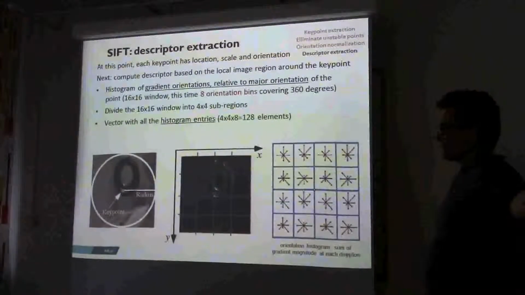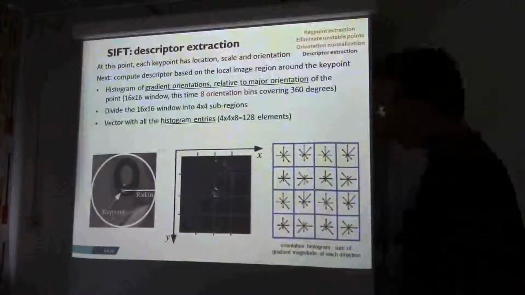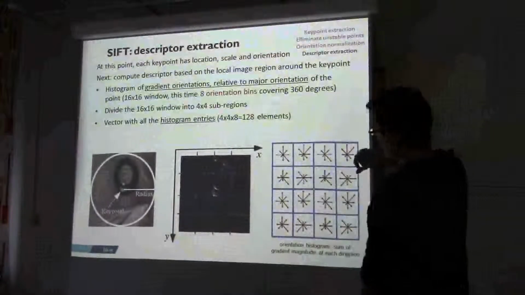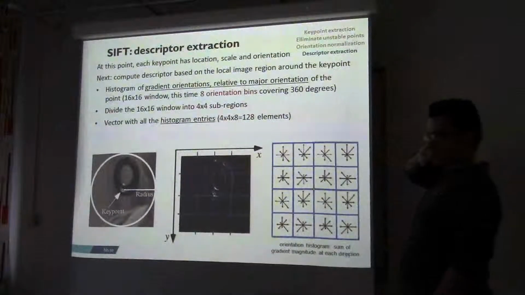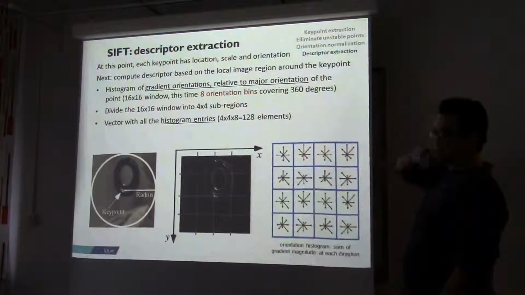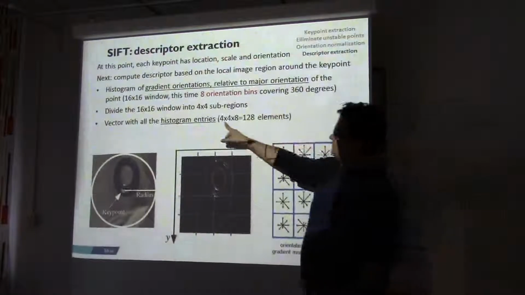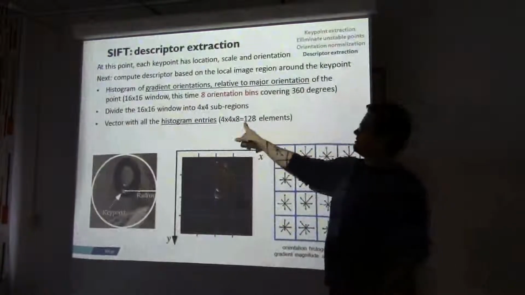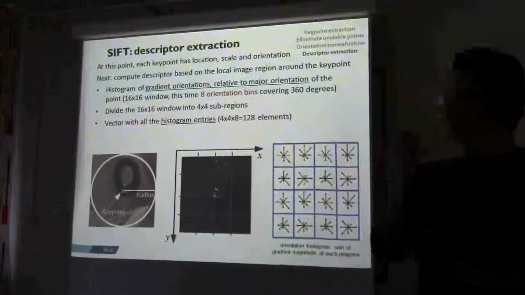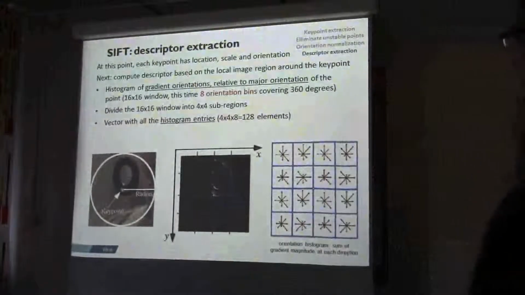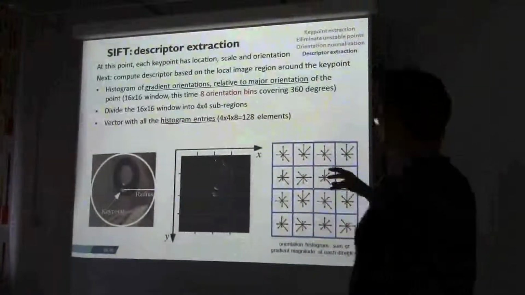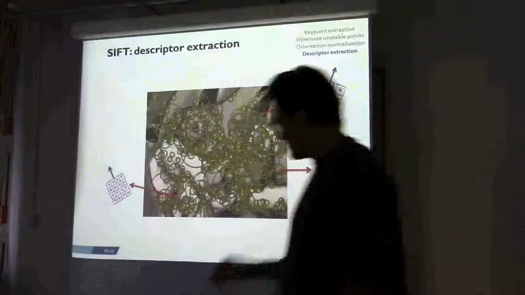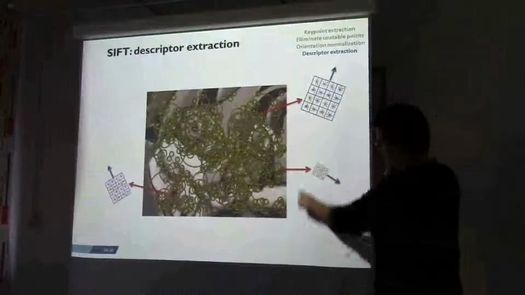So what you do is you find your points, you look at the neighborhood, you rotate the point to a known orientation, and then you take the orientations of subparts. That's your features. This is the feature vector. And then you put together 4 times 4 bins times 8 orientations. This is your feature vector in each point. So you are analyzing orientations in a more elaborate way. So this is the concept behind it.